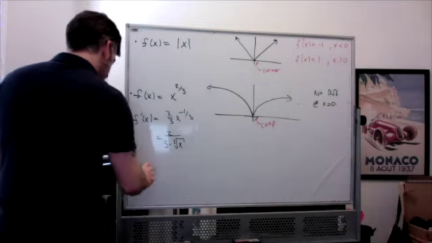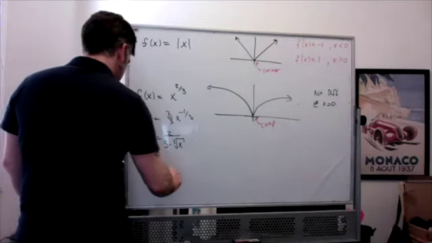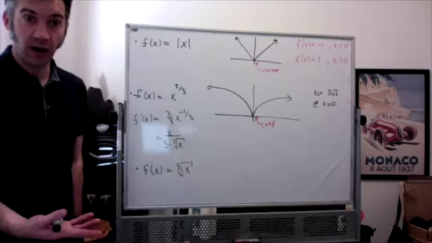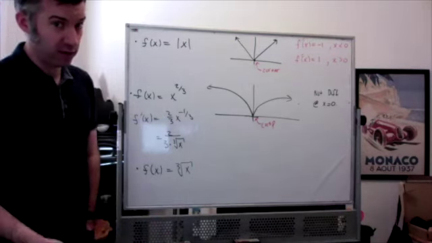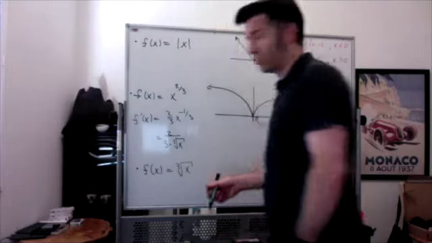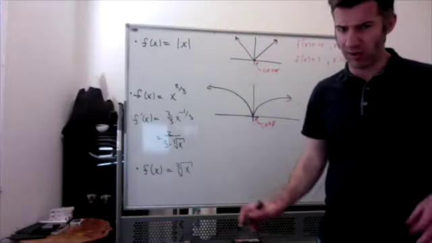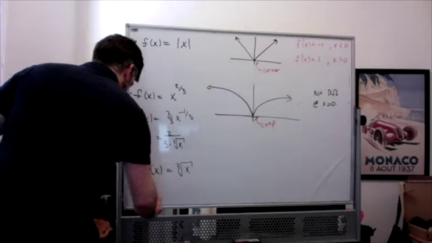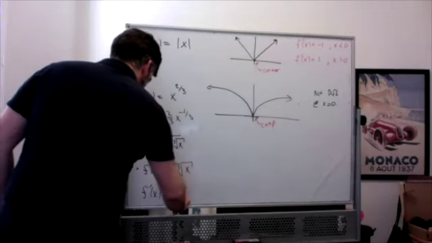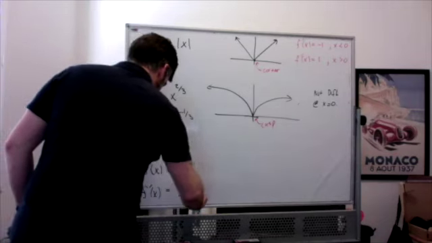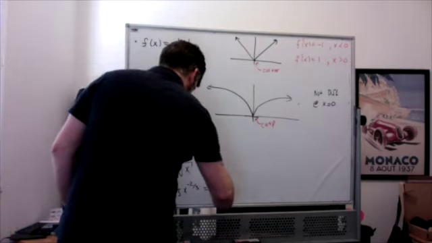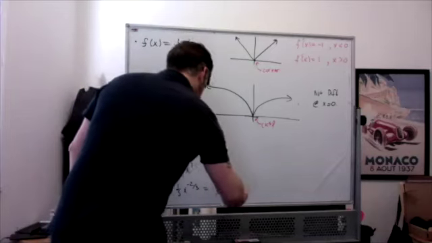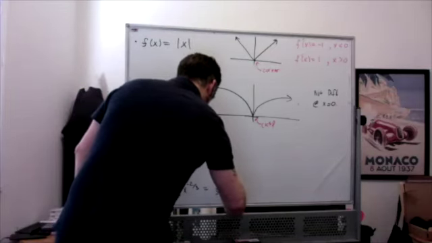Lastly, here's another example of a function that is continuous everywhere, but not differentiable everywhere, and not differentiable in a similar sort of way as the previous one, although not exactly the same. So the derivative of x to the 1/3 is 1/3 x to the negative 2/3, which is 1/3 times x to the 2/3, or if you prefer, the cube root of x squared.